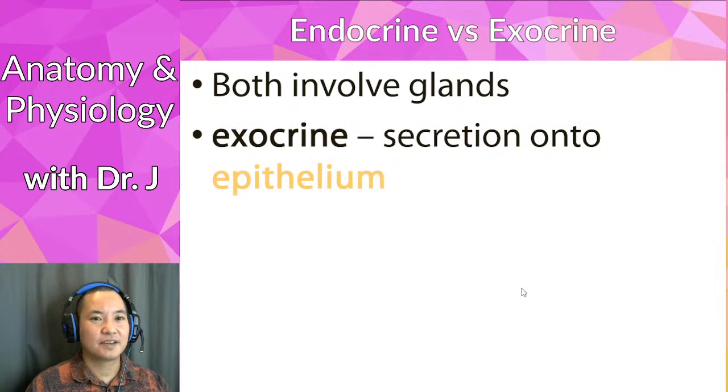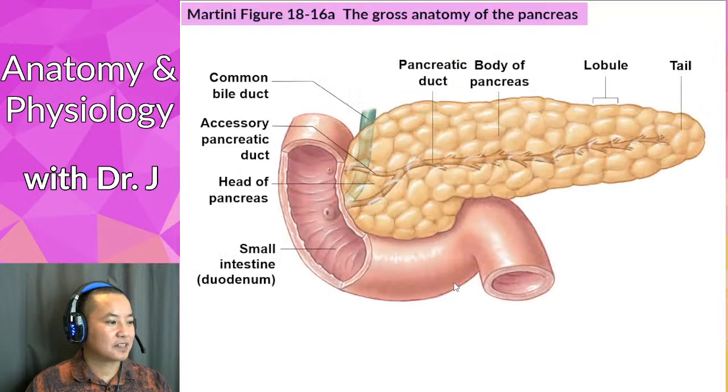Exocrine involves secreting onto some cell surface, like sweat glands, but this part right here secretes into these ducts. There is an inner surface in your body, so even though it's not as exposed to the environment as your skin is, it's still a surface inside your body where exocrine secretions can occur.